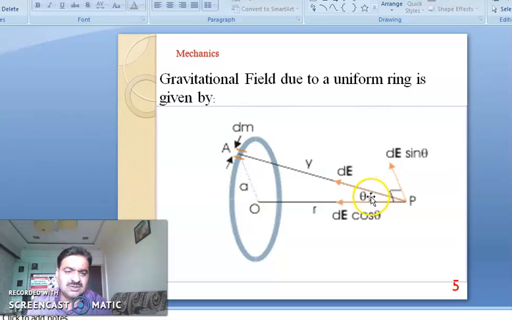This is nothing but the angle theta here. This is the ring having center O and radius a.